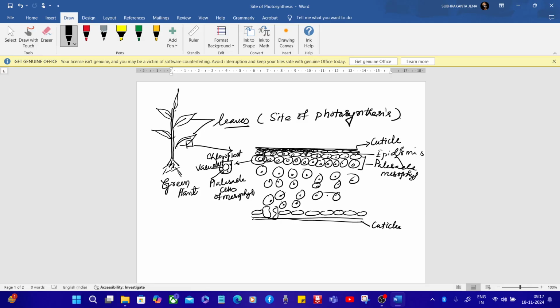Okay, there will again be some structure here. Again, small cells here. So this particular layer here is the mesophyll, loosely packed cells.